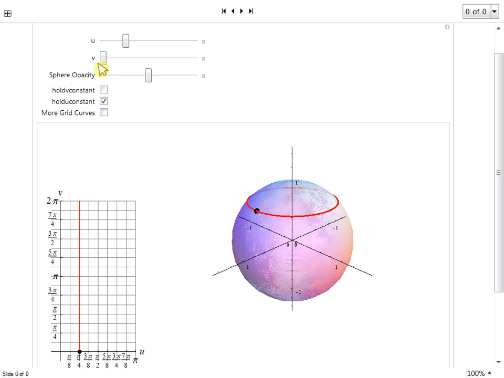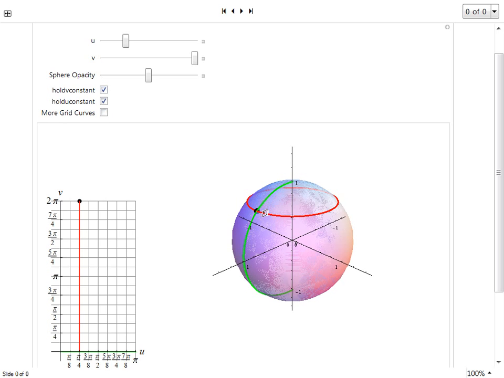My v is allowed to change. Then what I do is I draw that circle, like that. If you put all those together, then you get the entire sphere. Do you agree with that? Why did my green one only go halfway?